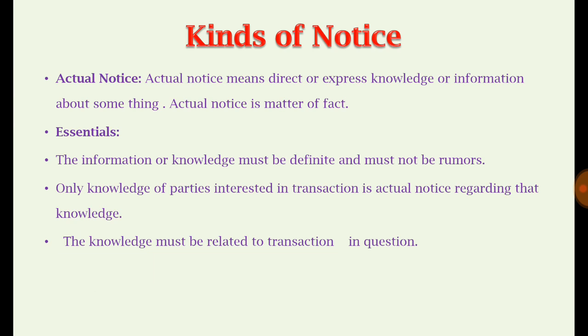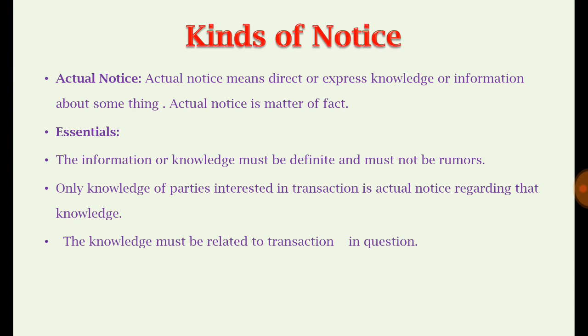Then third, the knowledge must be related to the transaction in question. It is very important that a particular knowledge of a particular transaction can be called actual knowledge when there is a dispute relating to the existence of a particular transaction, that is, whether the parties entered into the transaction or not.